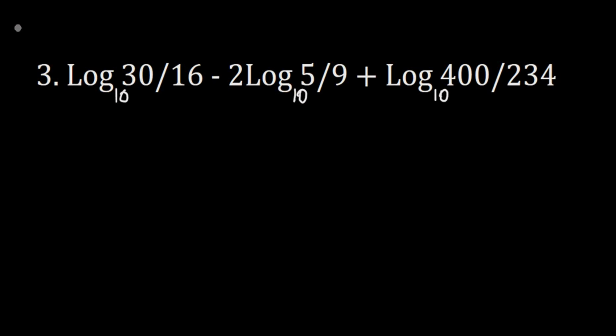Question number 3. Log 30 over 16 to base 10 minus 2 log 5 over 9 to base 10 plus log 400 over 234 to base 10. Now, to solve this problem, first we have to switch this value. Just move it over here.